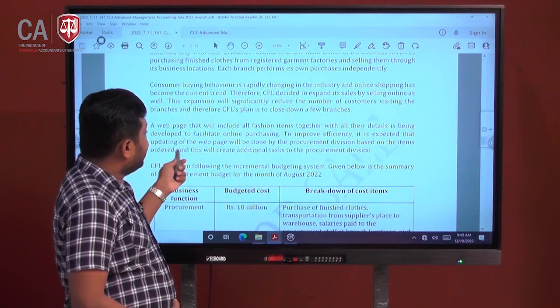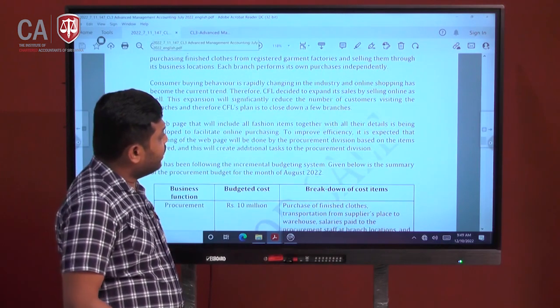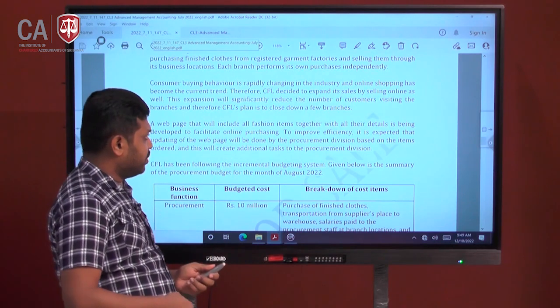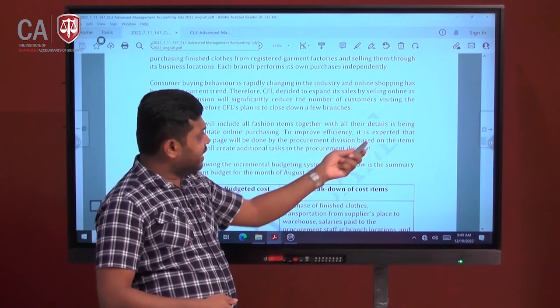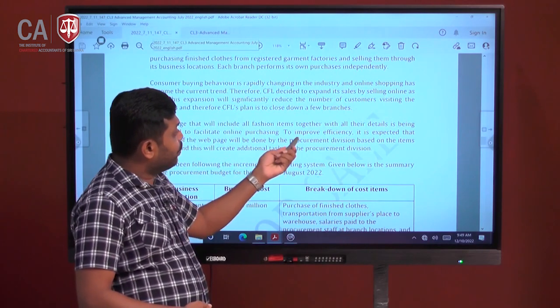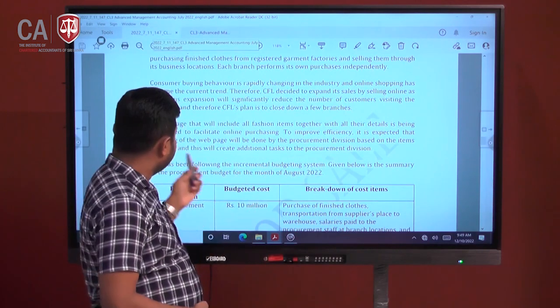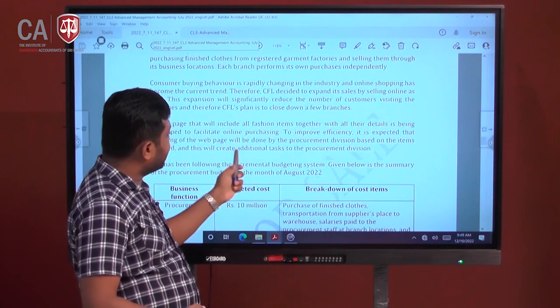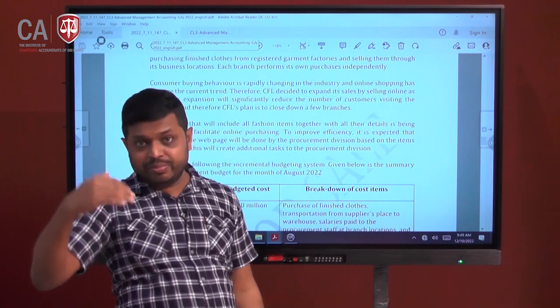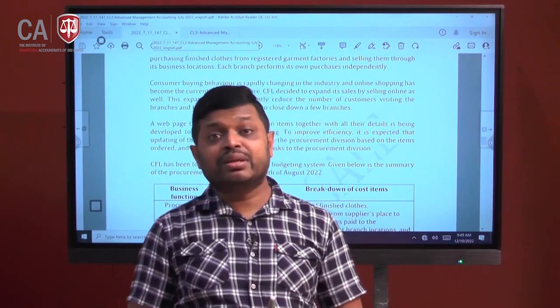A web page that includes fashion items together with all their details is being developed to facilitate online purchasing. To improve efficiency, it is expected that updating of the web page will be done by the procurement division based on the items ordered, and this will create additional tasks for the procurement division. Now when the procurement division purchases, they have to update the page.